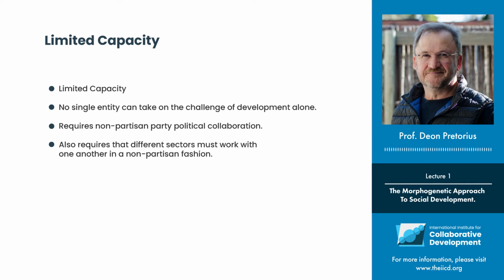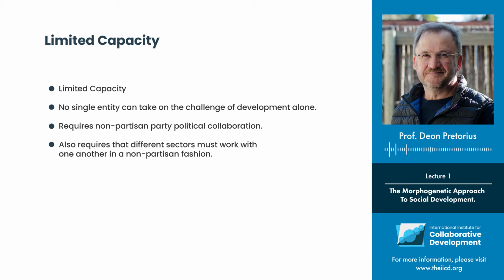Over and above that, we also need the different sectors of society, and with that I mean state, business, labor, civil society, and other sectors, to also work together with one another.